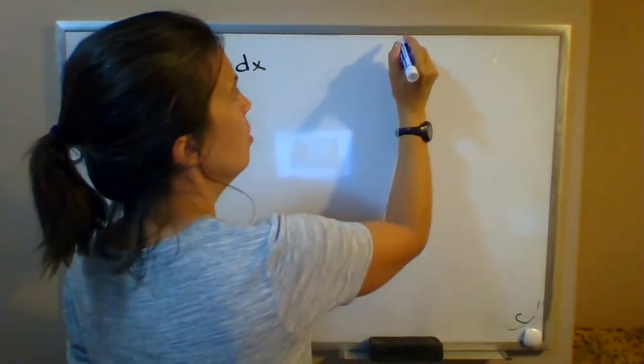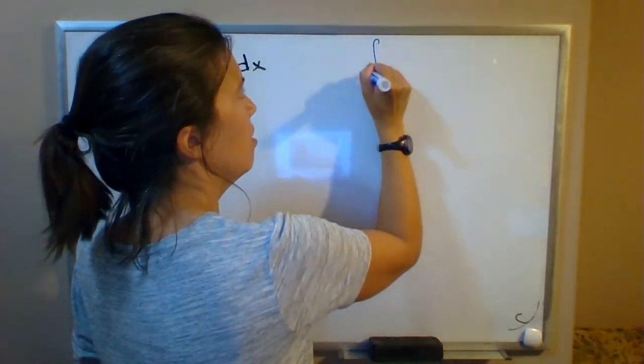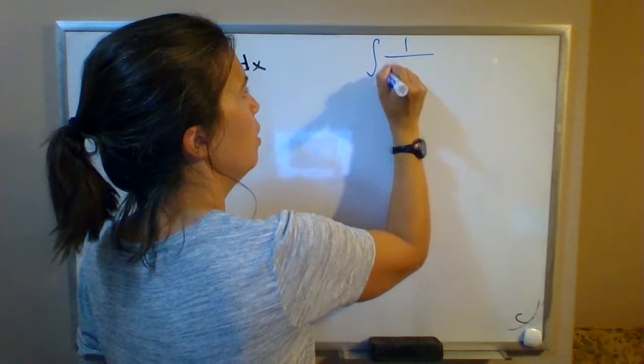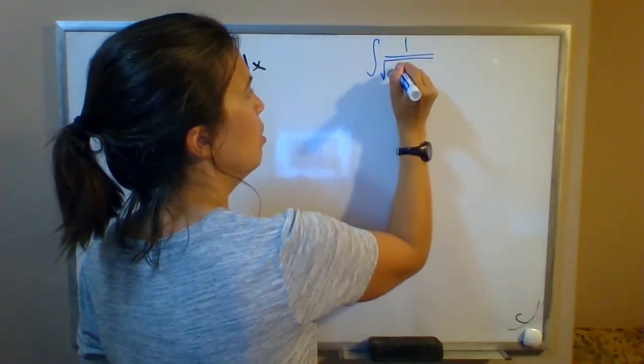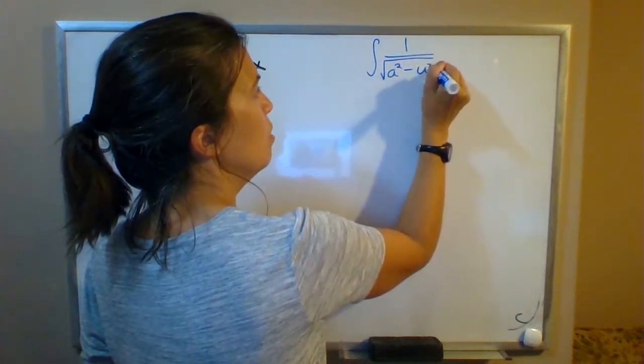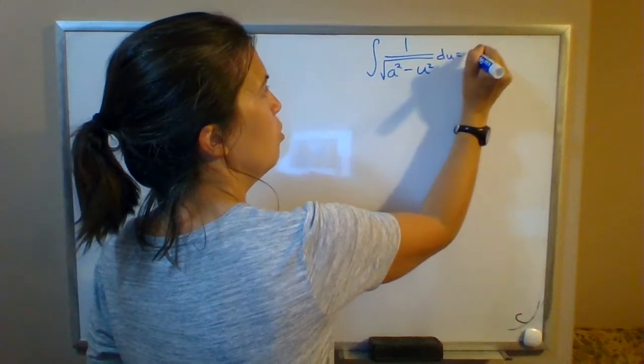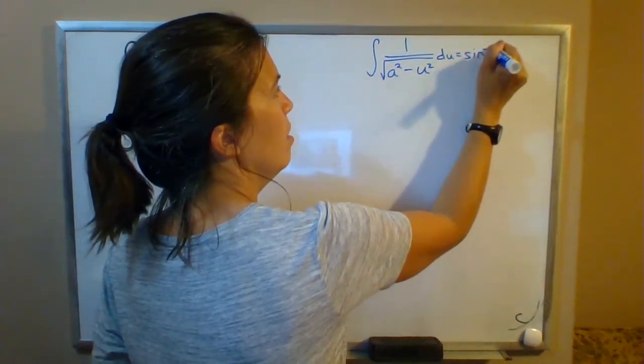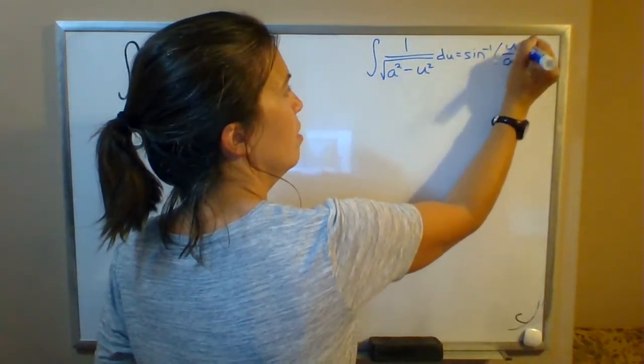One of them says integrals of the form 1 over the square root of a squared minus u squared is equal to inverse sine of u over a.